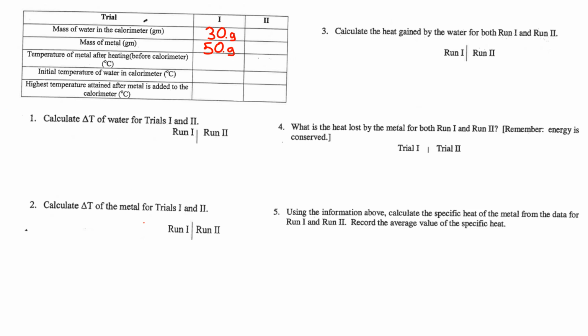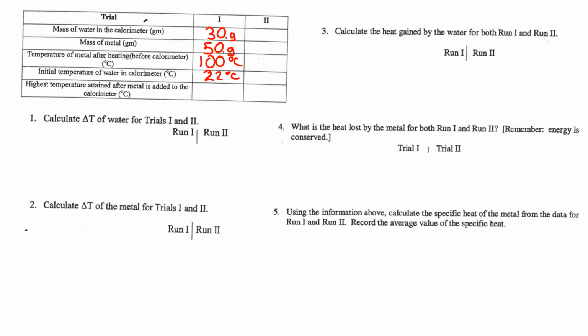All right. So the temperature of the metal after heating, before the calorimeter: I got my metal up to 100 degrees Celsius. The initial temperature of the water in the calorimeter was 22 degrees Celsius after I had let it sit for just a few minutes in that styrofoam cup.